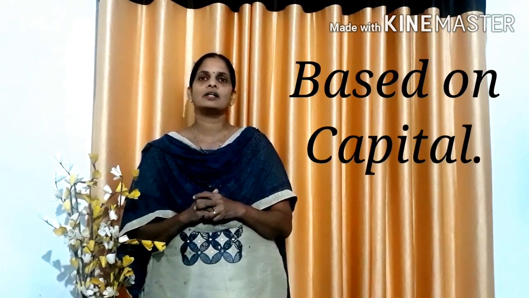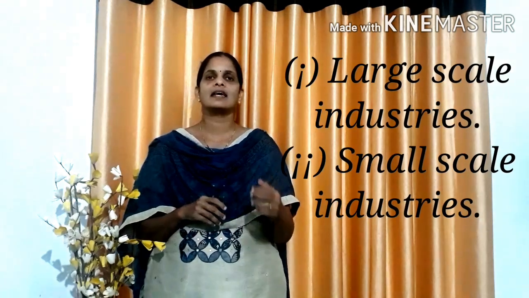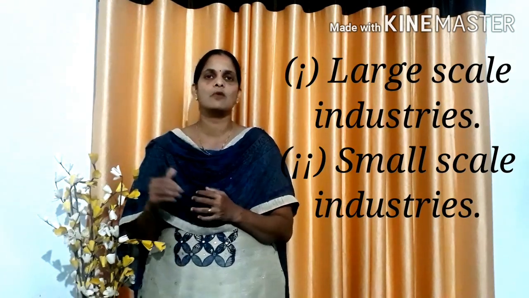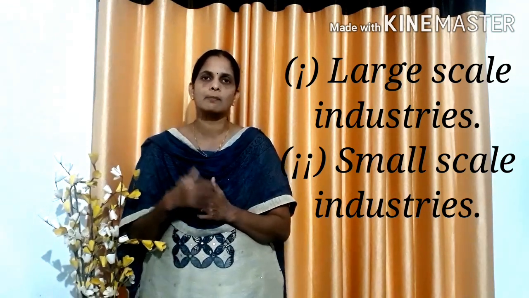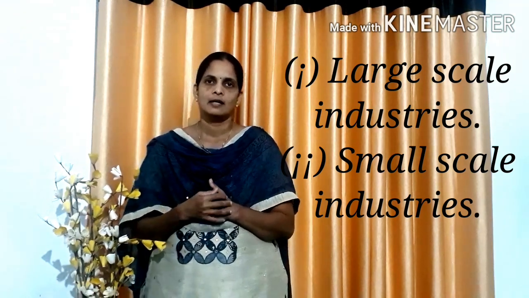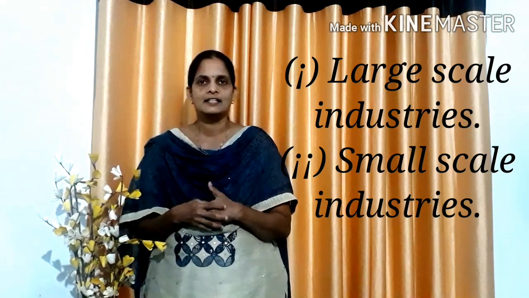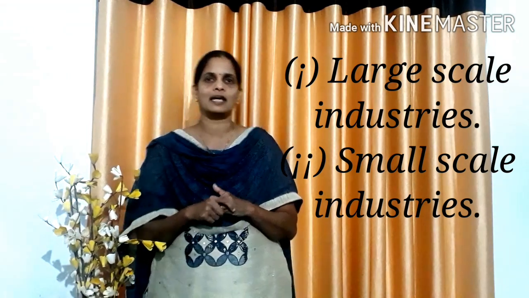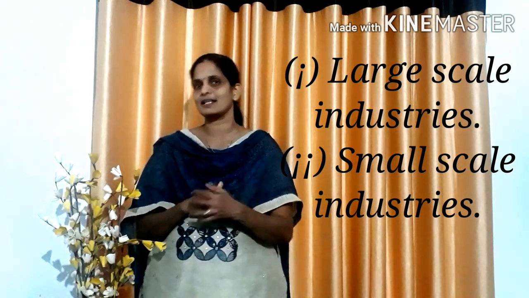And then the third classification, based on capital, industries are classified into two. They are large scale industries and small scale industries. Capital means the money spent for production. Based on the money spent for production, industries are classified into two types, which you have already learned in your lower classes.